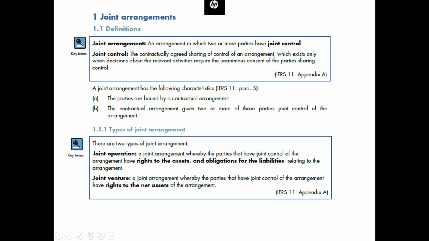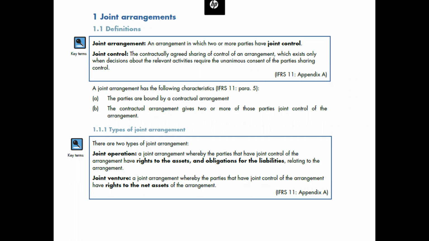So let's change that up and say now, we still have those 3 entities, a 40, a 50, and a 30. And I tell you, at the end of the day, at the shareholders meeting, 2/3 need to have consent to change activities. Can you see it's not unanimous? Then it's not joint control. And now we're back at considering whether it's significant influence or whether it might be control according to IFRS 10.